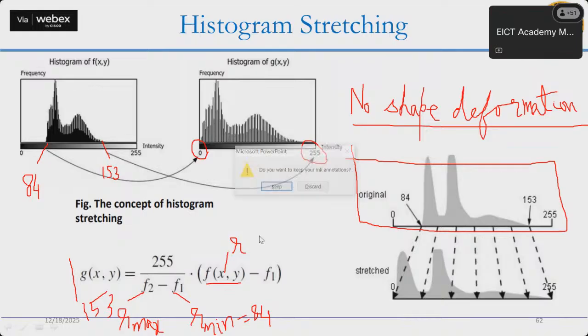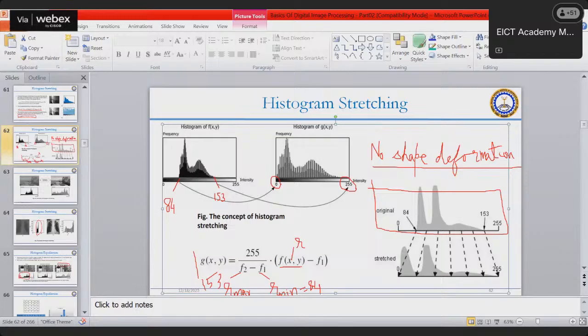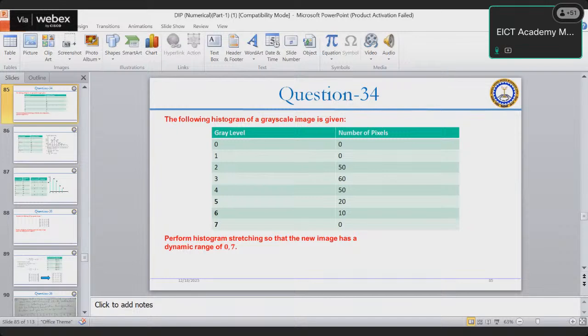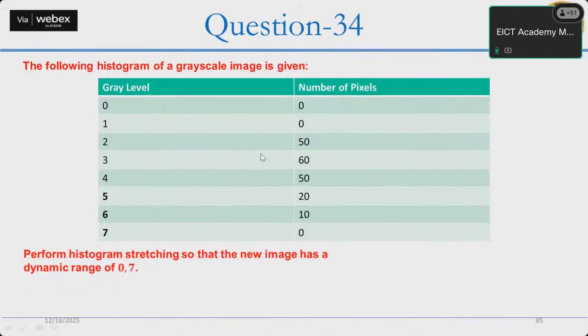So we go back to the numerical. Here, we started with this problem. So now, are you able to do it? What will we get when one value is given?